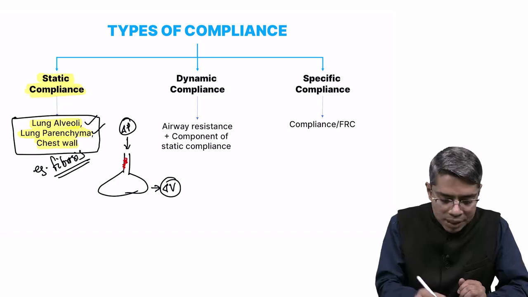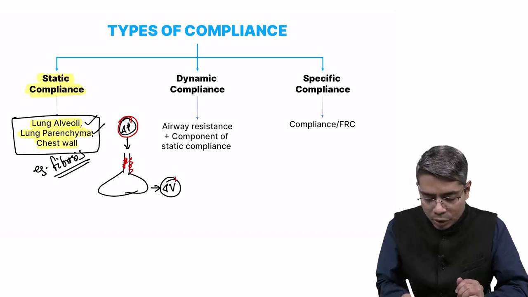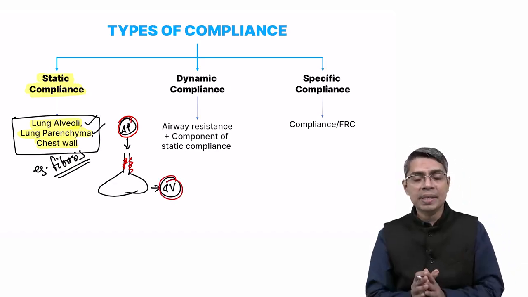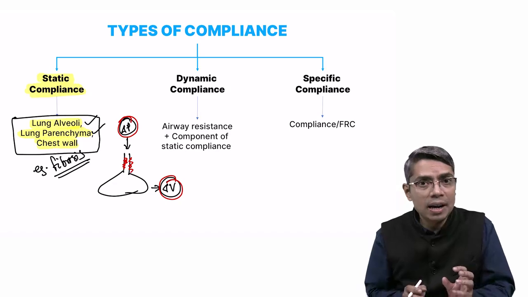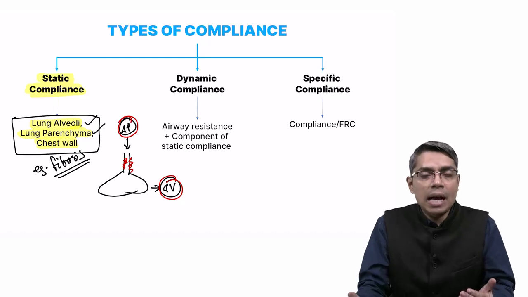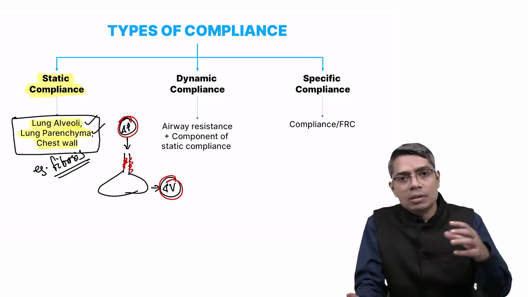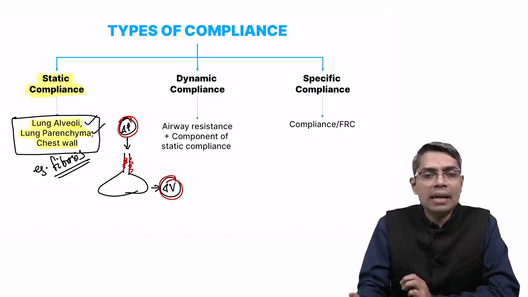If the airway resistance is high, then even if you give a huge amount of pressure, the volume change is not going to happen significantly. It means that if the airway resistance is high, it is decreasing the expansion of the lung, and whenever you consider airway resistance along with the static compliance component, that compliance is known as the dynamic compliance.